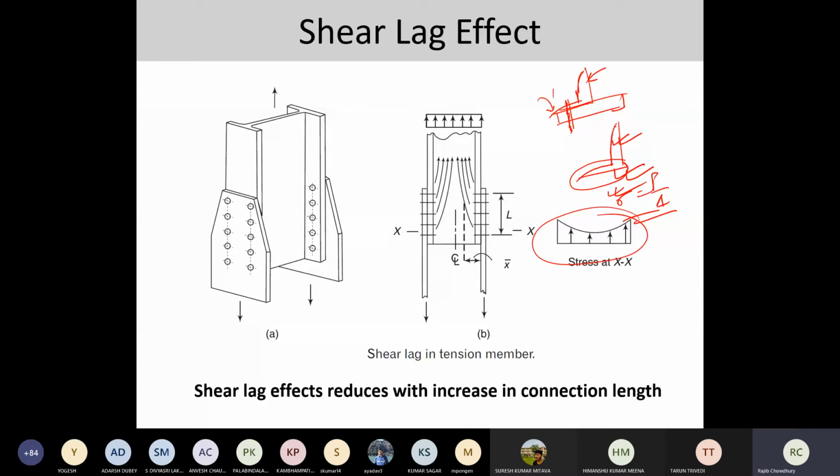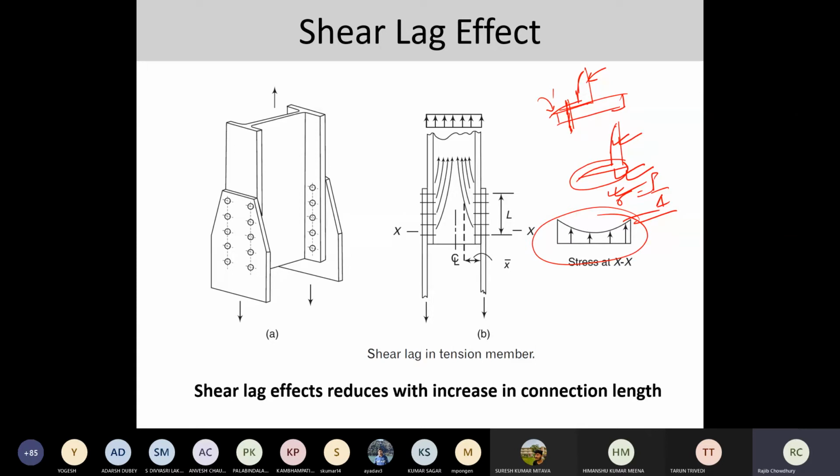The force transferred to one leg by the end connection locally gets transferred as a tensile stress over the entire cross section by shear. Therefore, this tensile stress on the section from the first bolt hole up to the last bolt hole will not be uniform.